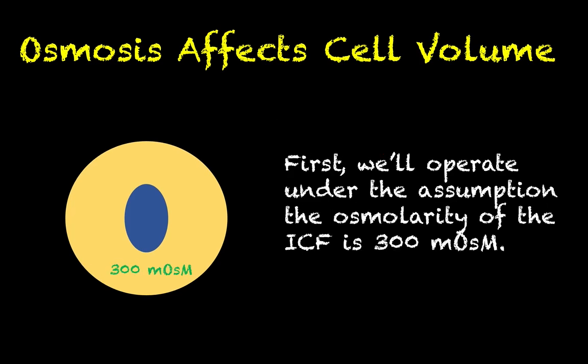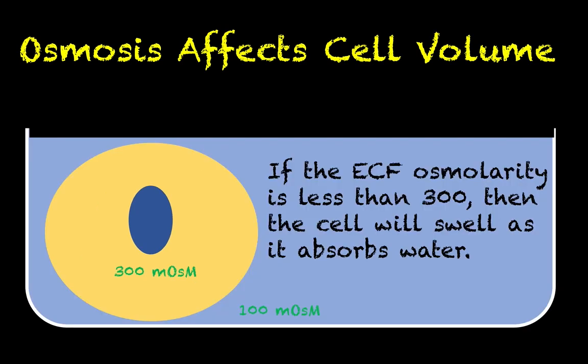So to introduce this, we're going to operate under the assumption that the osmolarity of the intracellular fluid is 300 milliosmolar, which is the number that we introduced in the previous video. So, if the extracellular fluid osmolarity, which you can see here is labeled in light blue, and a cell with an ICF osmolarity of 300 is dunked in this solution.